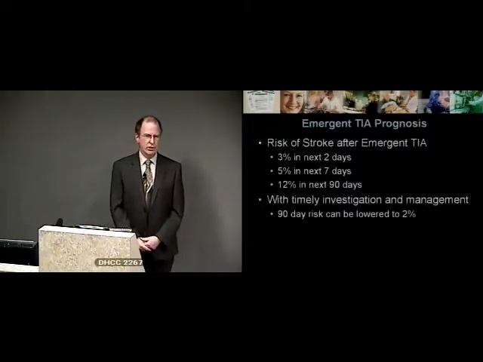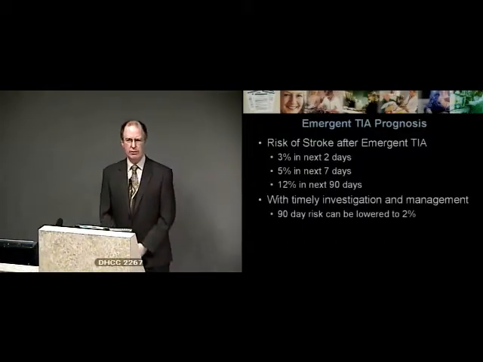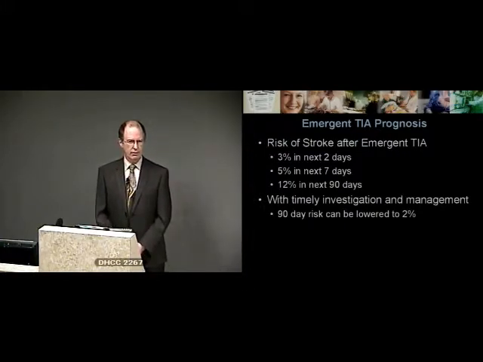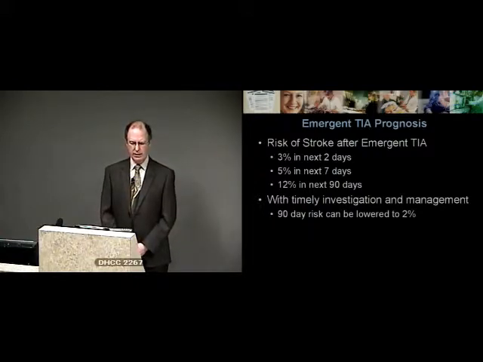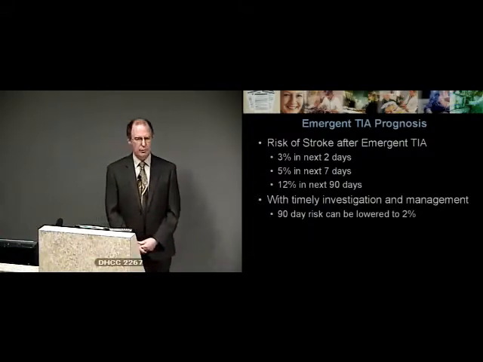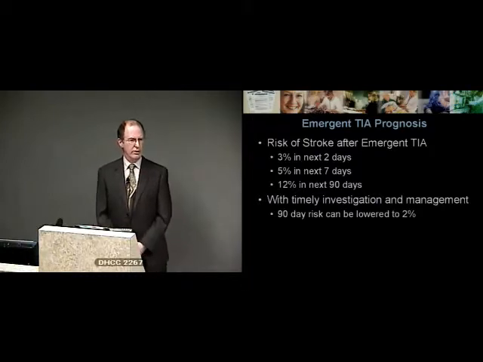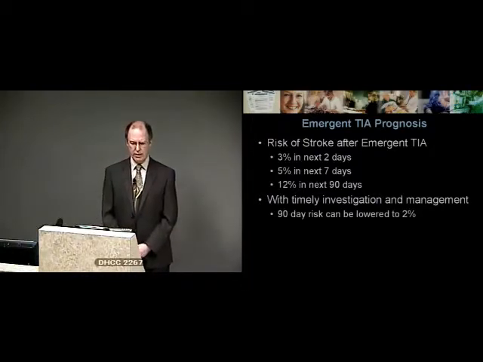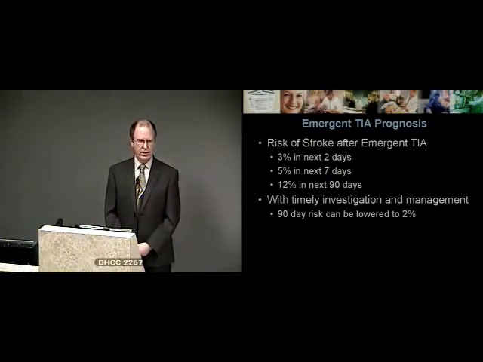The reason emergent TIAs are so important to classify is because of the risk of stroke after an emergent TIA. And these are actually pretty conservative numbers. Some studies would indicate they're much higher, but 3% in the next 2 days, up to 6% actually, 5% in the next 7 days, 12% in the next 90 days.